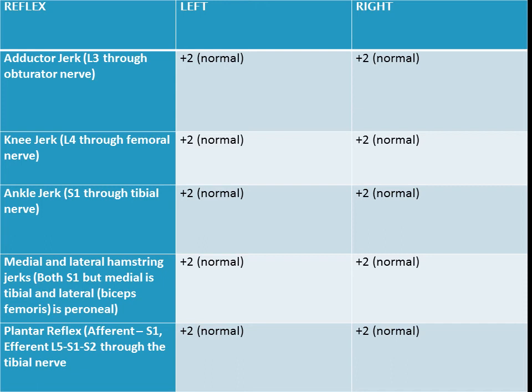The knee jerk reflex is an L4 reflex mediated through the femoral nerve. The ankle jerk reflex is an S1 reflex mediated through the tibial nerve.